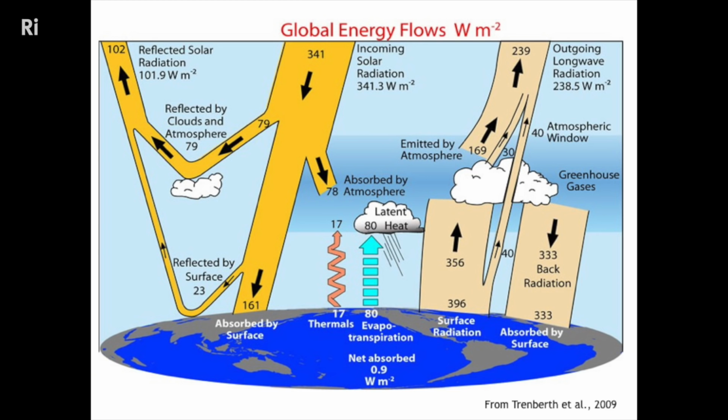Well, of course, it has to be balanced at the surface, and that's achieved by the Earth's surface emitting infrared or heat thermal energy back to space. But not all of that, in fact, very little of it in the end gets right the way back out to space.